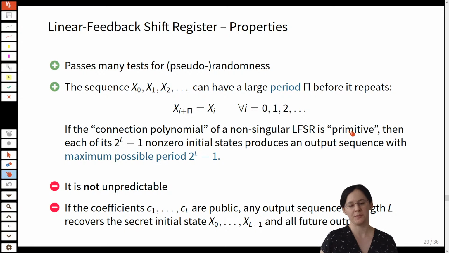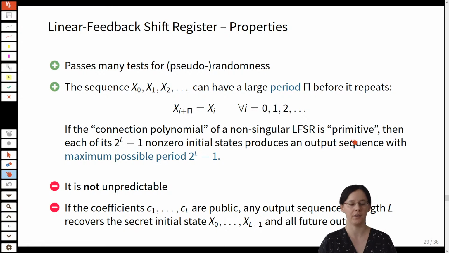So what's good and what's bad about this construction? What's good is that the output passes many tests for pseudo-randomness. One of the reasons is that it can have relatively large so-called periods. Like we saw in the previous slide, the period says when the key stream starts repeating.